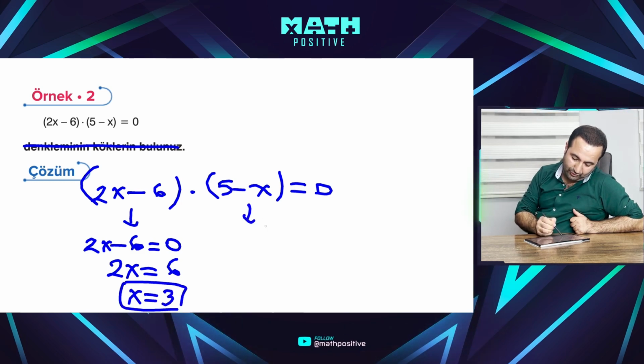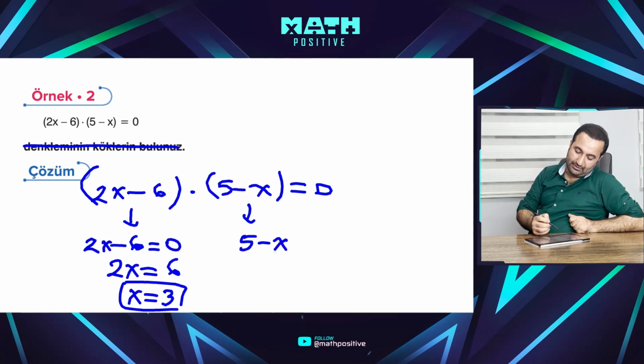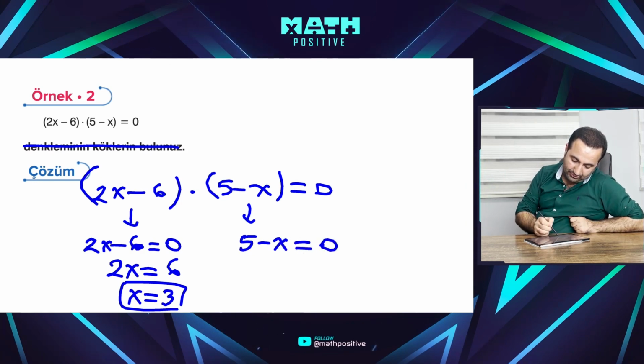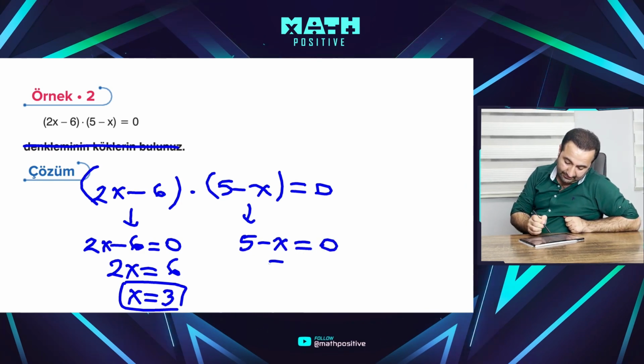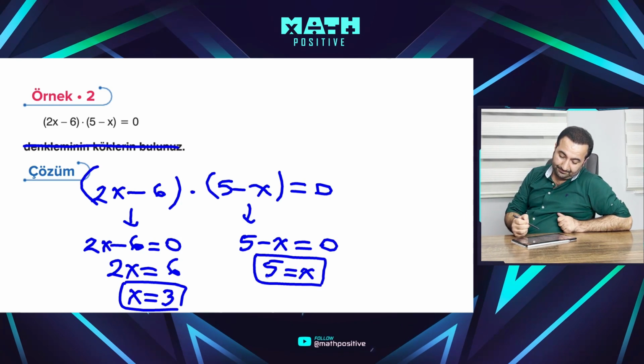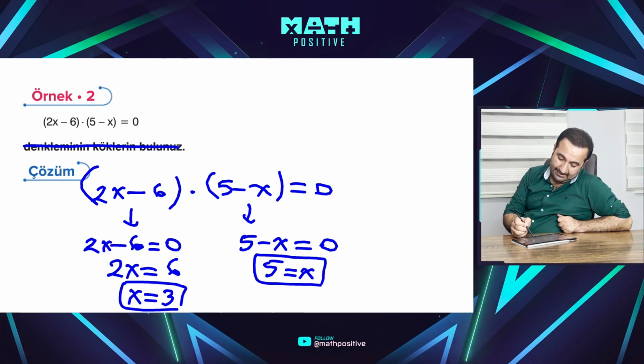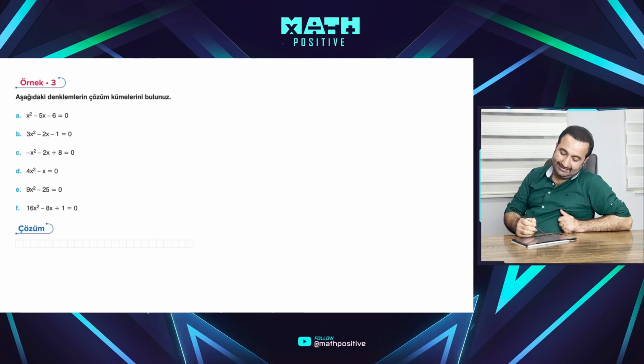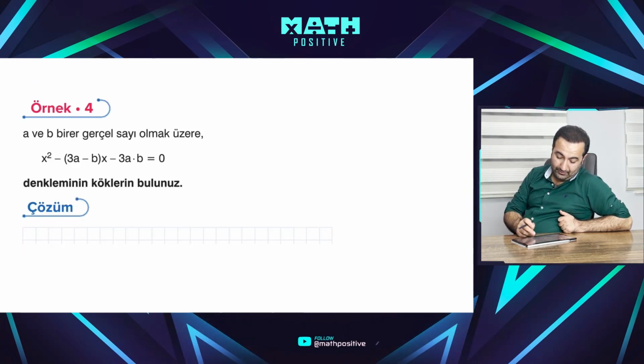Then we will have 2x equals 6 and x equals 3 from this factor, and the other one 5 minus x equals 0, and then 5 equals x. The set of solutions will be 3 and 5. Okay, the solution of this question is this one.